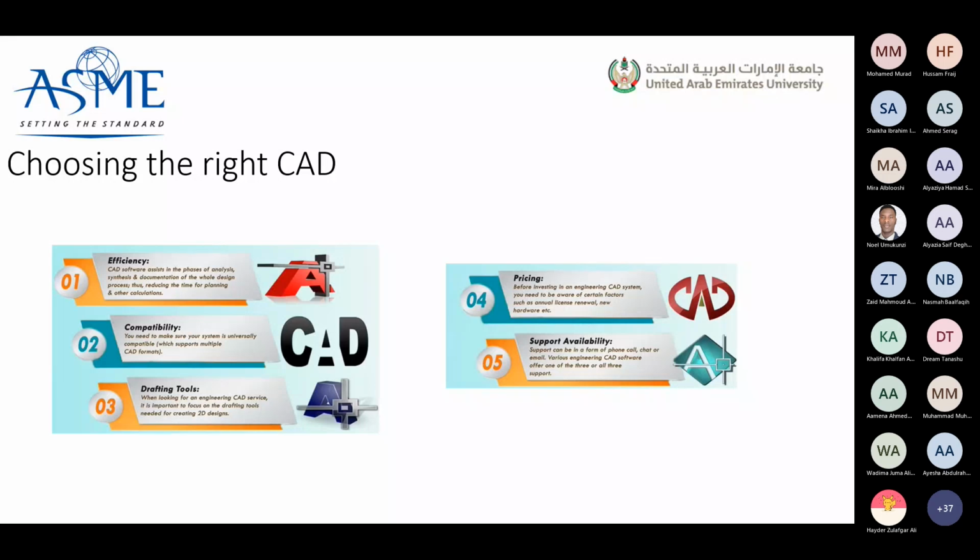Compatibility is very important also. You are not alone in the world. You are part of a company, and this company is part of a certain, let's say, industry. So you have to provide something worthy for the industry, and this something has to be compatible with the used softwares there. So maybe you are delivering an AutoCAD file and you are submitting AutoCAD files to your client.